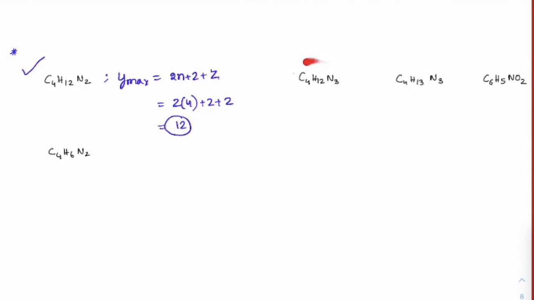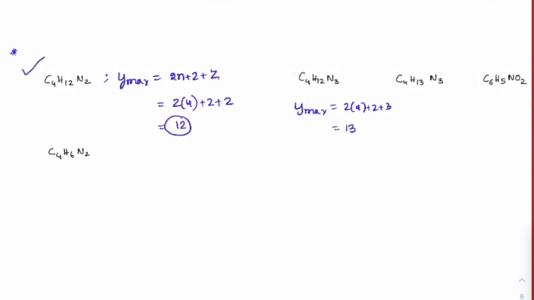Okay, suppose we have C4H12N3. Now if we check the maximum number of hydrogens, we have 2 times 4 plus 2 plus 3, so we have 13. Anything less than Y max, we can expect that it could exist.